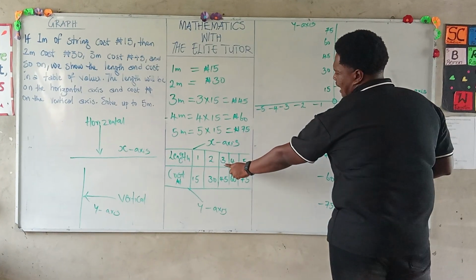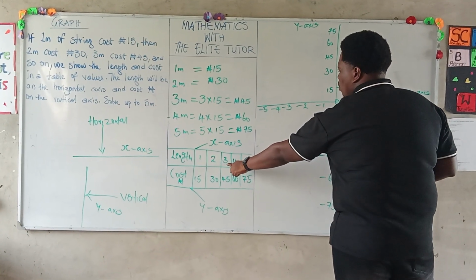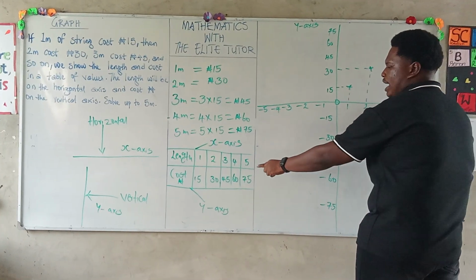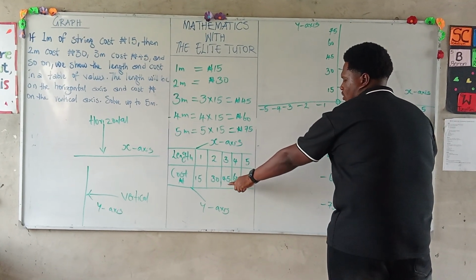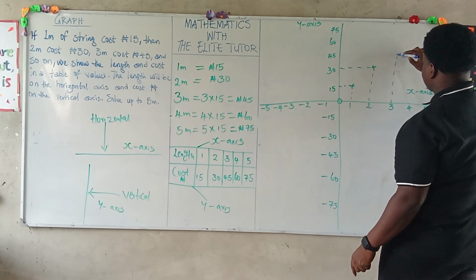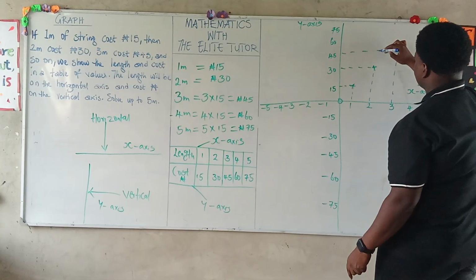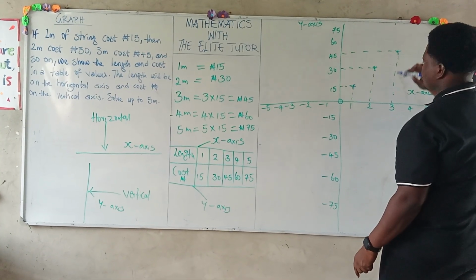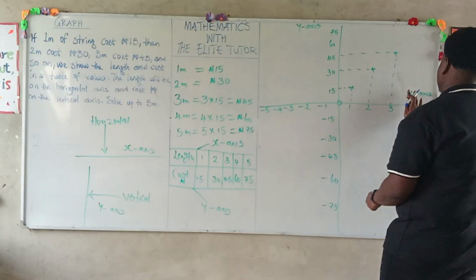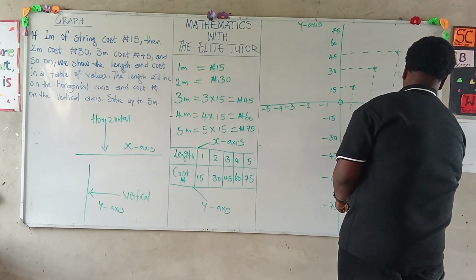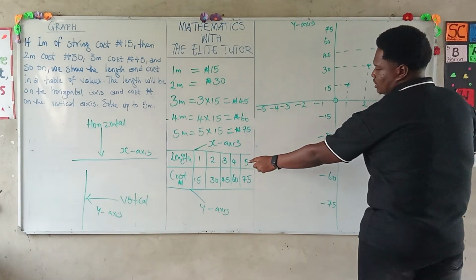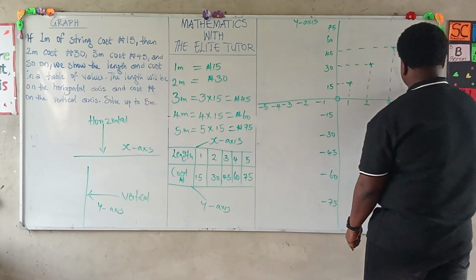When our x-axis is 3, what happens to our y-axis? Our y-axis is 45. So 3 to 45, we have it here. When our x-axis is 4, our y-axis is 60.